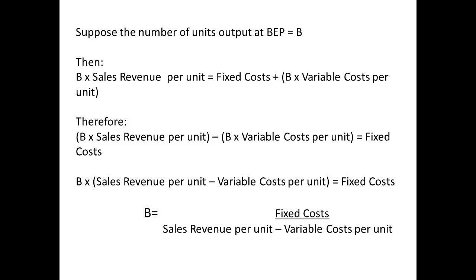We can simplify this to B multiplied by the sales revenue per unit less the variable costs per unit equals the fixed costs. Finally, we can rearrange this so that B equals fixed costs divided by sales revenue per unit less variable costs per unit.